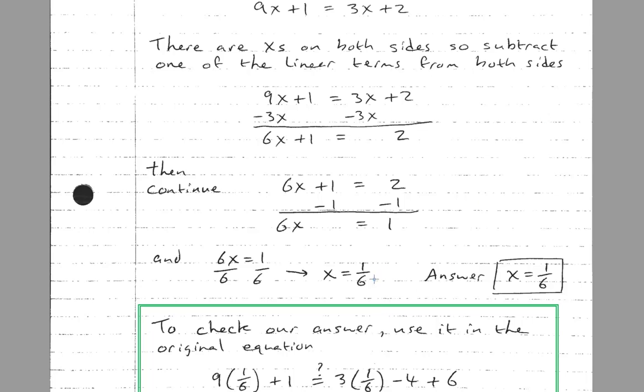And by the way, 1 over 6, isn't that just equal to 6? No, these are two different numbers. 1 over 6 is a small number, much smaller than 6.